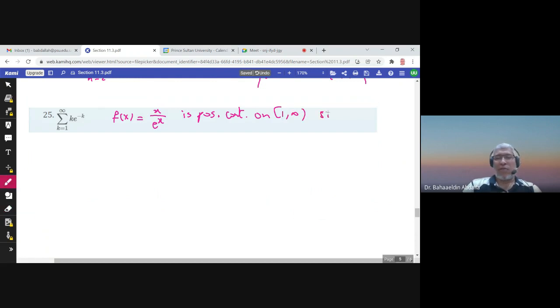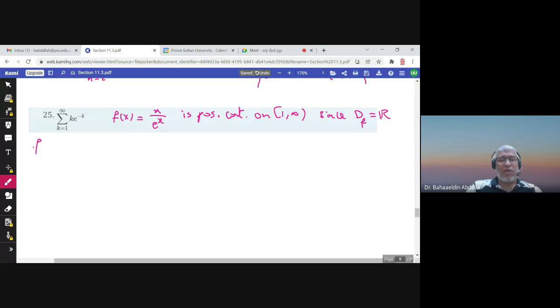And the reason is that the domain of the function is all real numbers, because e to the power x is always positive, so no zeros of the denominator. So this function is continuous everywhere, but from 1 to infinity it would be positive. No, it's not positive everywhere, because if x is negative it would be negative. But from 1 to infinity it's positive.